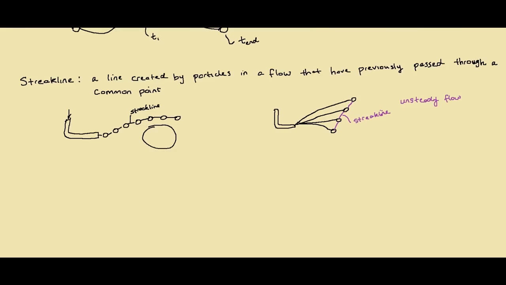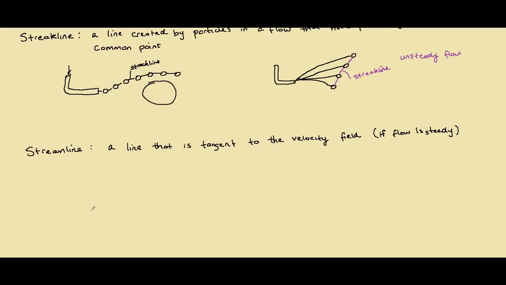So next we have a streamline. The definition of a streamline is that it is a line that is tangent everywhere to the velocity field. This only occurs if the flow is steady. For unsteady flows, the streamline may change shape with time. So let's say we have a particle that moves like this.